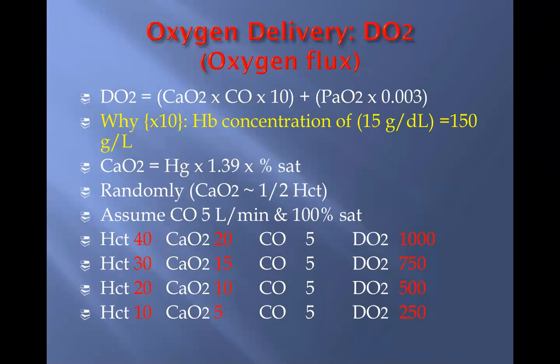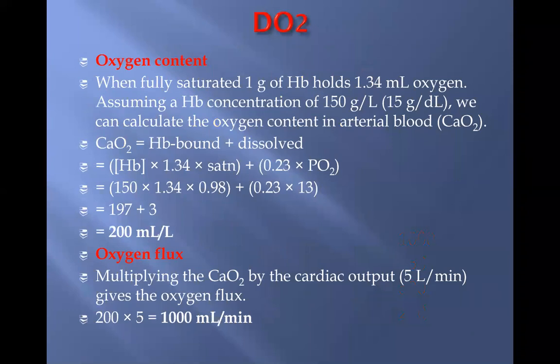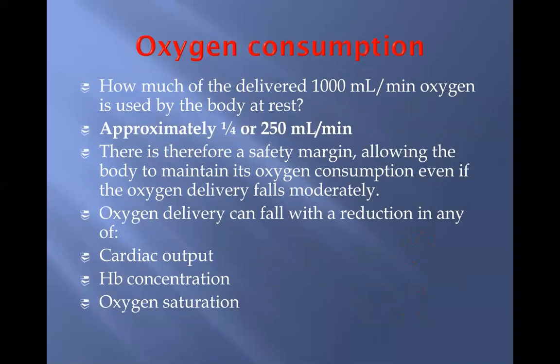This is a part of respiratory physiology, but I added it here for your review, and if you have interest, you can return back to these topics related to the physiology: how we can calculate the oxygen flux, the oxygen delivery, how we can calculate the oxygen content, and here the oxygen consumption.